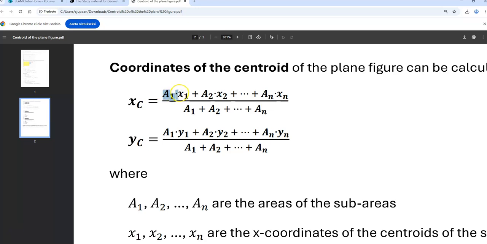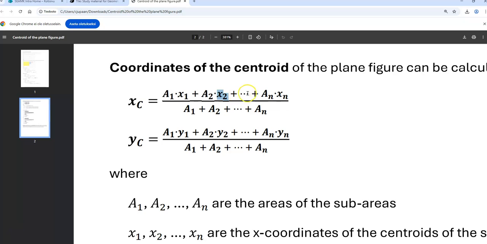And here we can see we have multiplications, A1 times x1. So here we multiply the areas with the coordinates of the center point. So the area of part 1 times the x coordinate of part 1. And the same holds here, A2 times x2.